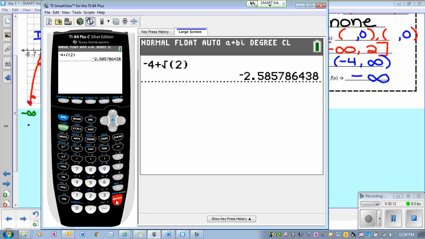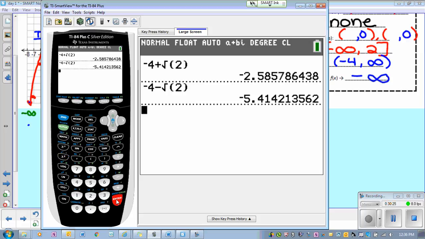So we're thinking negative 2.59, comma 0 for one of them. And then the other one would be negative 4 minus root 2, right? Negative 5.41. Because if you're graphing this, does it help you any if I give you the radical? No, you have to have the decimal so you can go graph it, right?